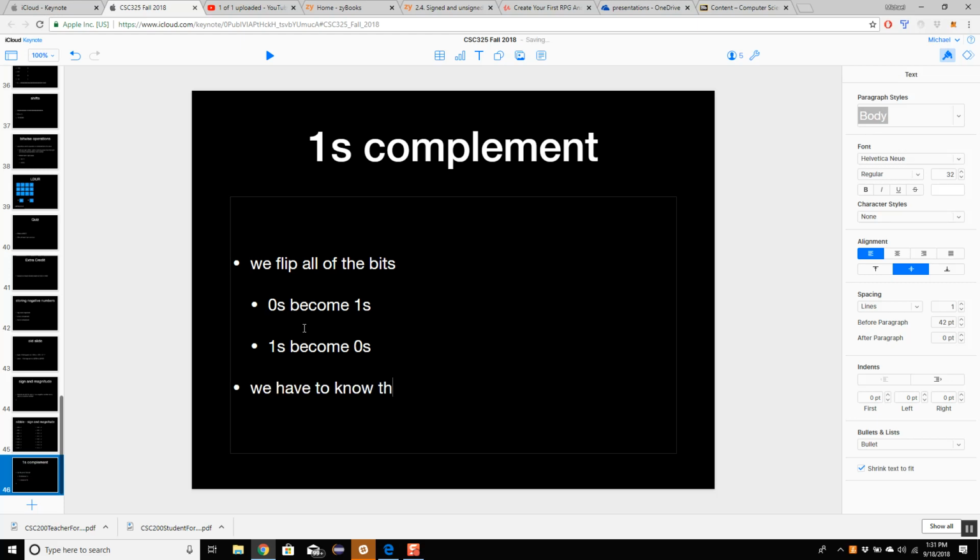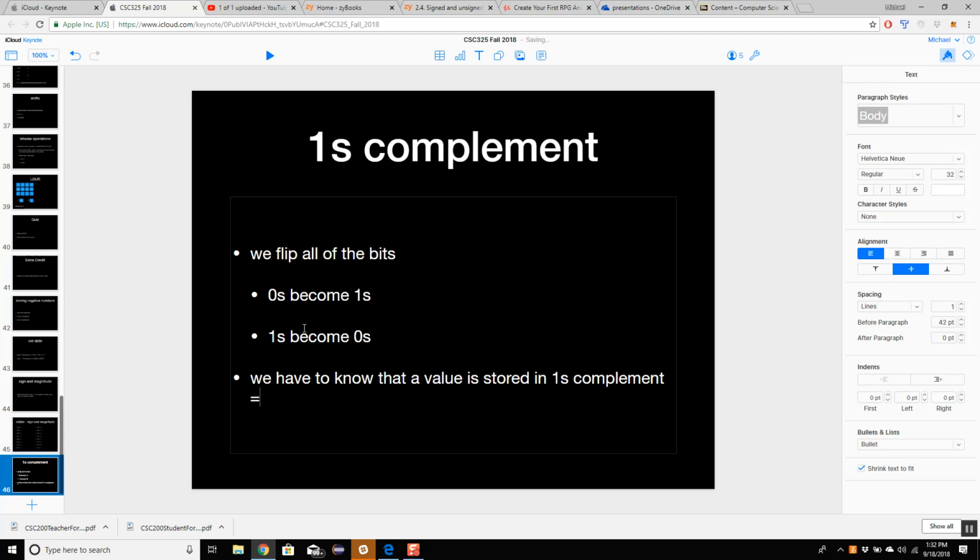We have to know that a value is stored in ones complement. It's probably fair to call this encoding, because we effectively encoded the value in ones complement. Okay, so we're only flipping those bits when we want to store the negative value.